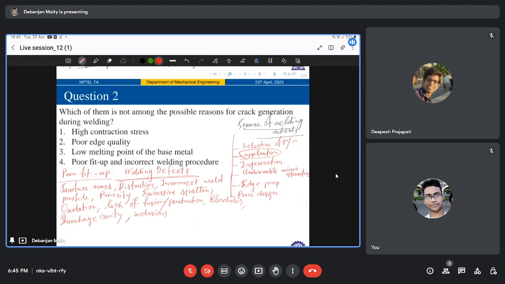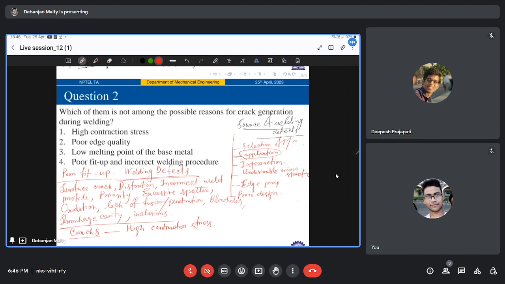So coming to the cracks, we have studied a lot about cracks, right? If we talk about these cracks, we have already studied that there are many reasons, and this is because of high contraction stress. So in terms of cracks, the primary reason is high contraction stresses.